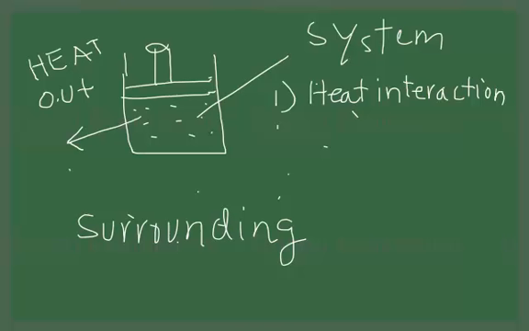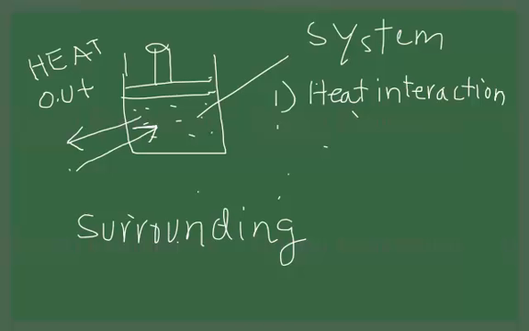For example, in the case of a hot cup of tea, when you place a hot cup of tea on a table, after some time heat comes out of it, and it dissipates in the surrounding, in your room, and after some time the tea inside the cup becomes cold. So heat can flow out from a system into the surrounding, and heat can also flow in the opposite direction from surrounding into the system.